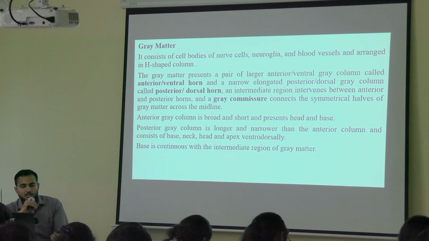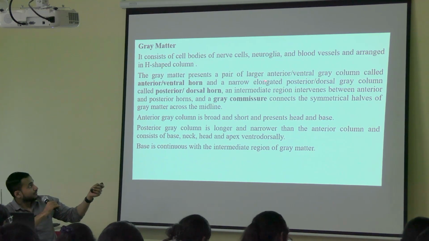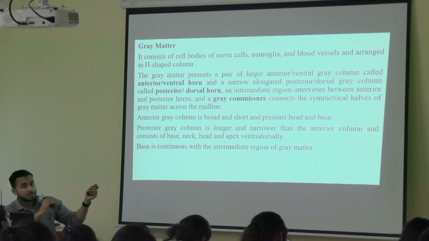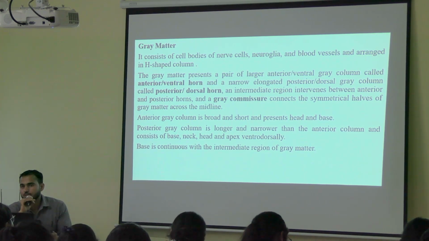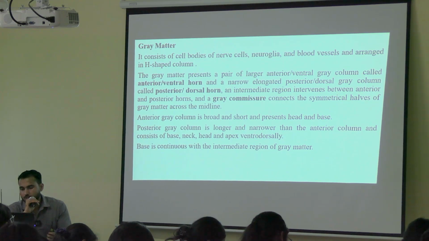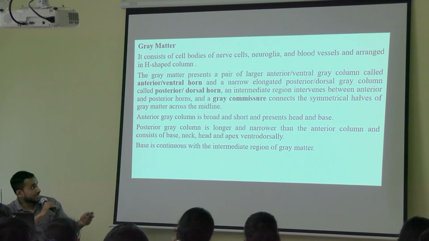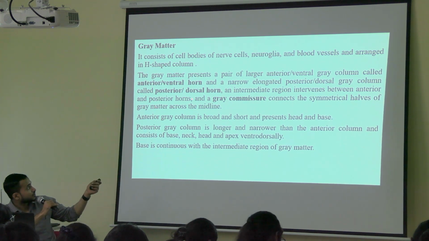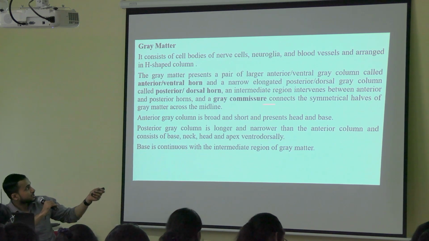Okay. Next, the gray matter presents a pair of lateral anterior ventral gray column called as ventral horn. So I have shown you the ventral horn and I have shown you the dorsal horn also. Okay. Next, there is an intermediate region.